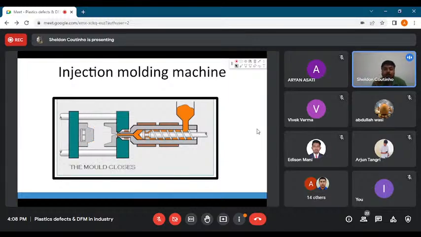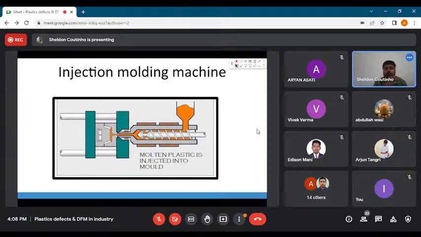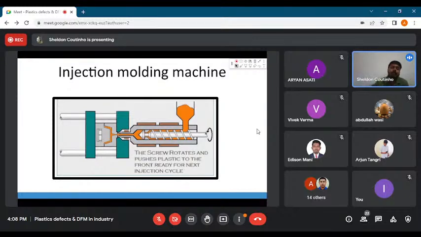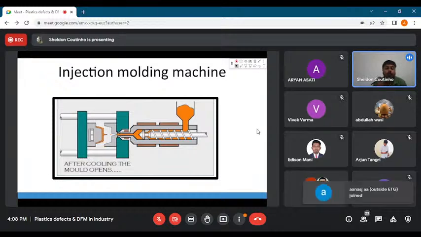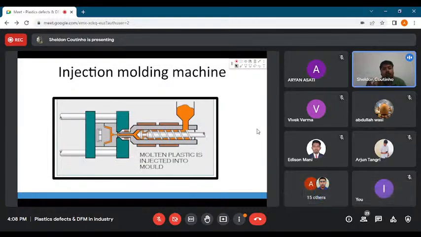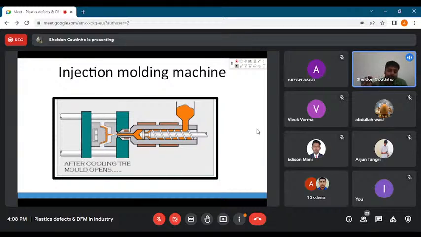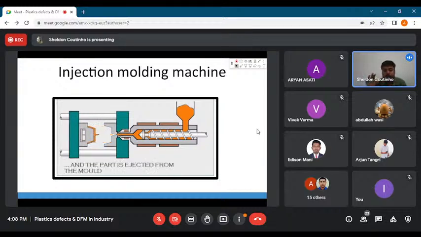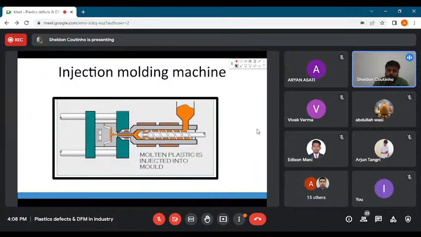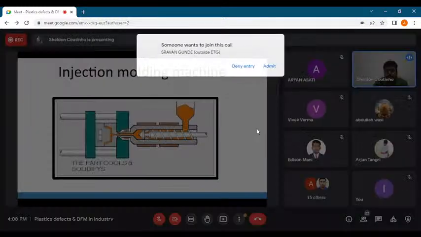Since it is in the shape of a band, it provides very even heating, so as not to burn the plastic or overheat one part while some other part is running really cold and solidifying on the screw itself. Hence band heaters are applied to ensure uniform heat throughout the entire screw, so the plastic melts evenly.